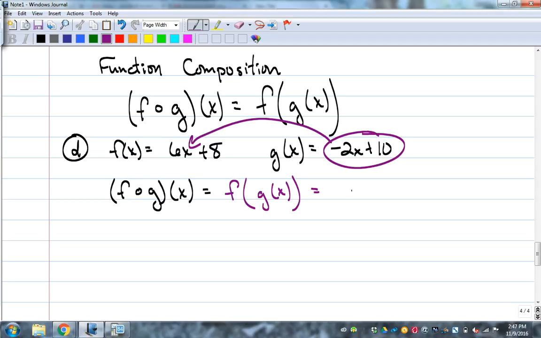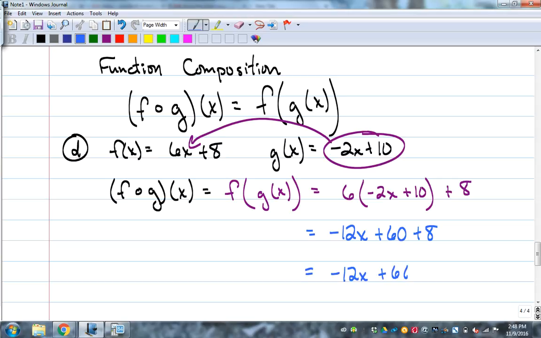Okay, so we would take 6 parentheses -2x plus 10, close the parentheses, plus 8. So we've replaced in the f of x function, whatever's listed first or on the outside, its x gets replaced by the other function. Anywhere there's an x in the problem, if there's more than one. So that'd be -12x plus 60 plus 8, which would be -12x plus 68, by just distributing 6 to both of those and then simplifying.